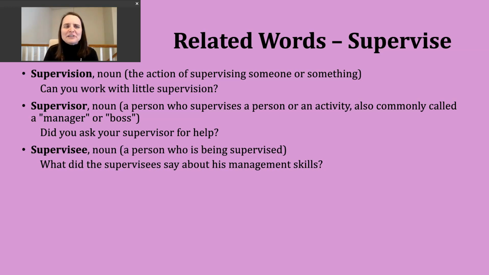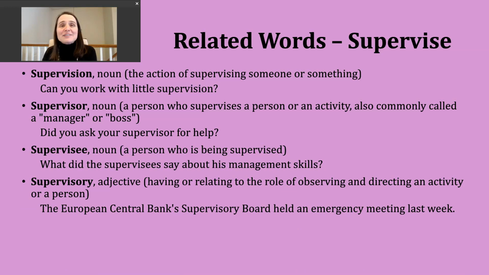Things along that nature. The last related word we're going to talk about today is the adjective supervisory. This is having or relating to the role of observing and directing an activity or a person. Okay? So here we're generally describing something, right? Because we've got an adjective.